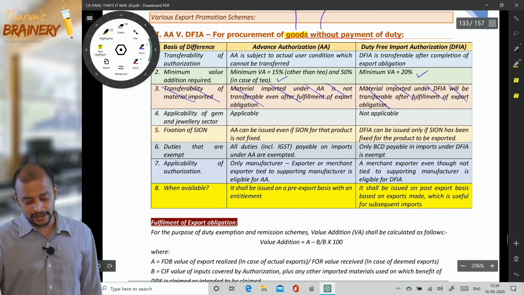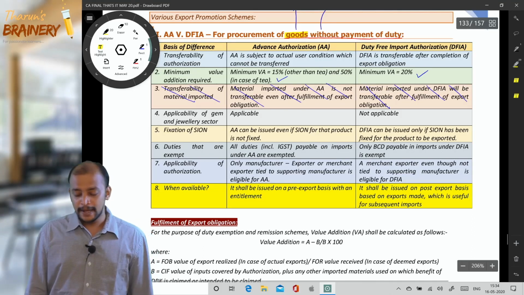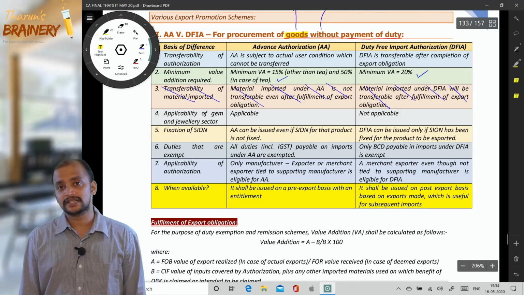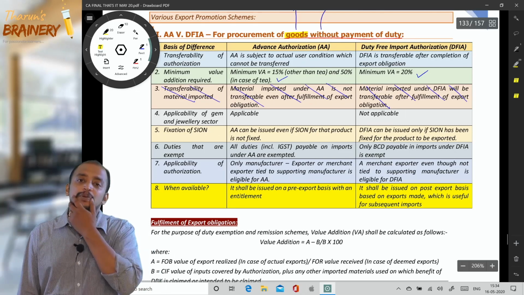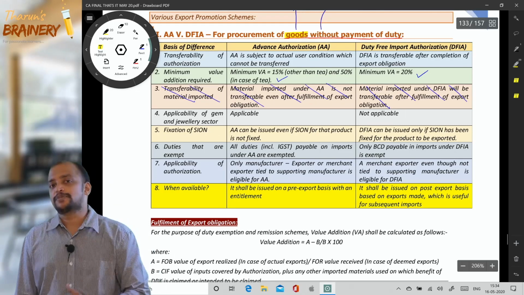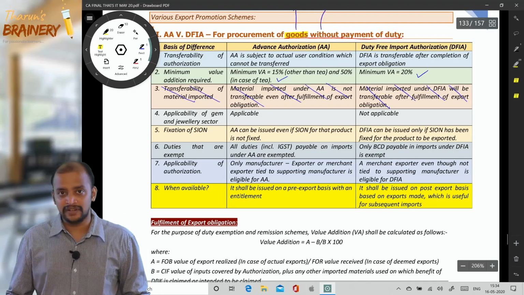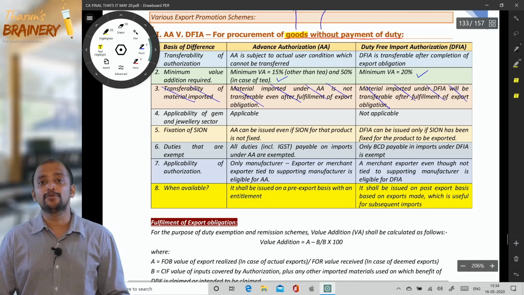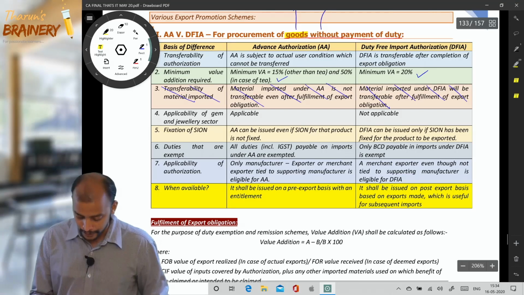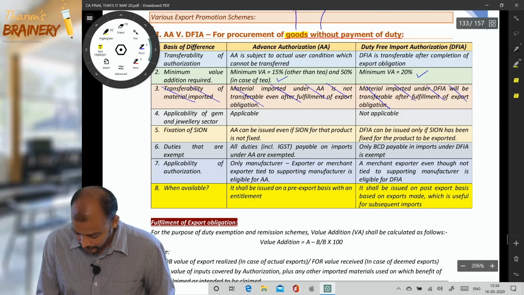When available, it shall be issued on a pre-export basis with an entitlement. That is, you have to import before export and then it will be given. But now, with the CA certificate, it is given on a post-export basis also.